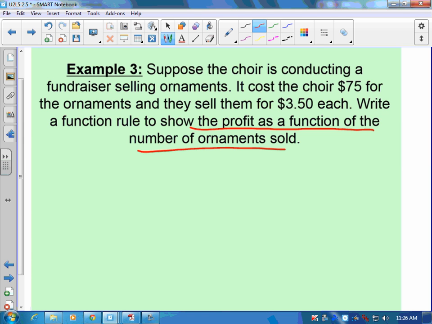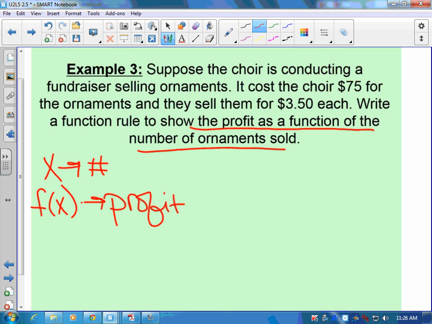Okay, what would f of x represent? Which one would depend on the other? Would the profit depend on the number sold? Yes? So the dependent variable represents the profit, because the profit depends on how many ornaments we sell.